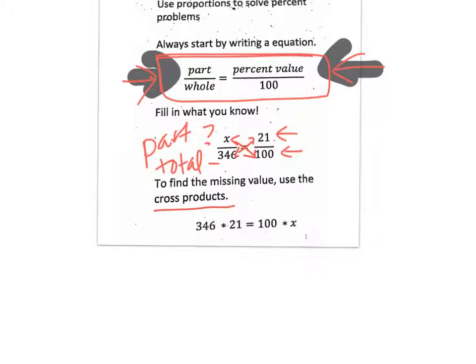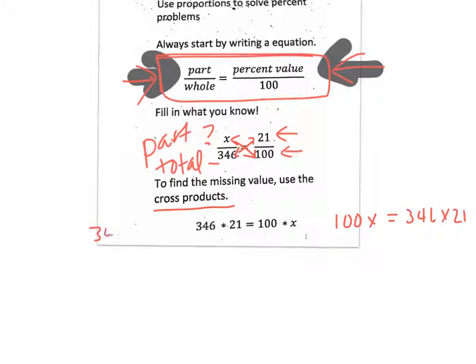So when we do that, we get 346 times 21 and 100 times x. And if you wrote this as 100 times x equals 346 times 21, it wouldn't matter. They're equal. Both sides are equivalent to each other. So now we need to do some math.